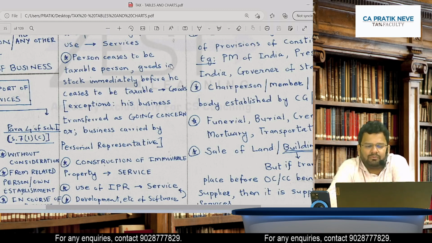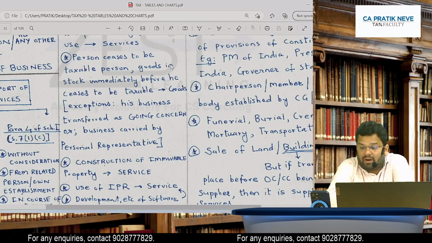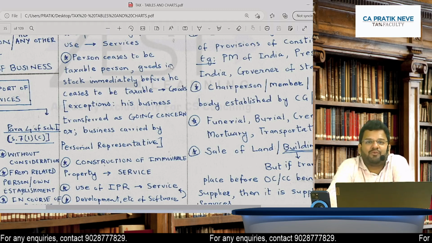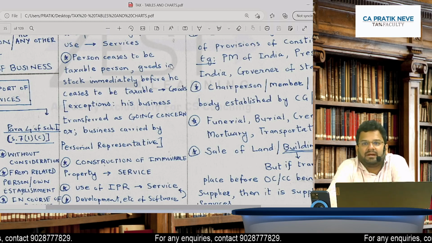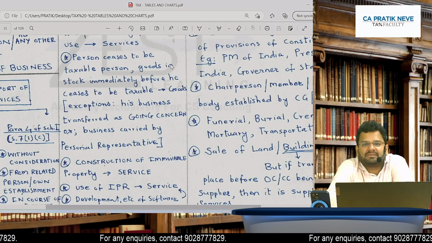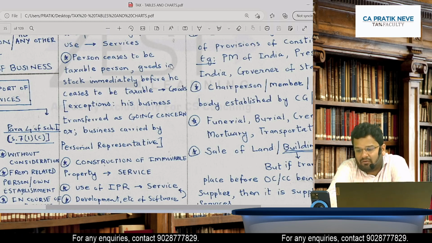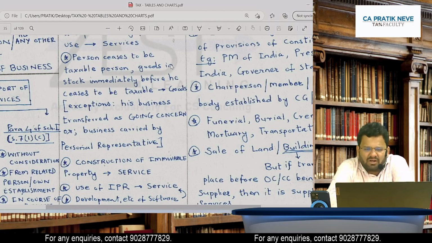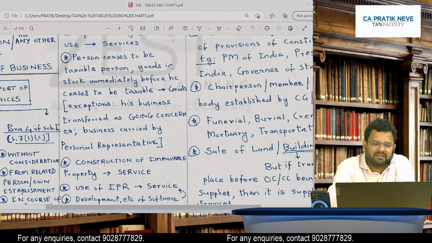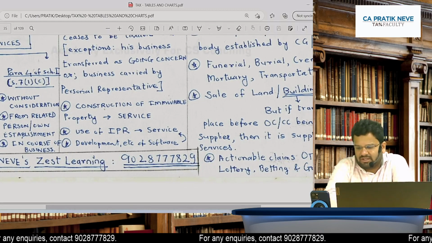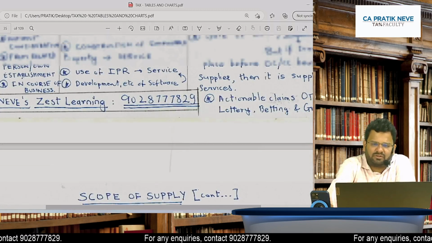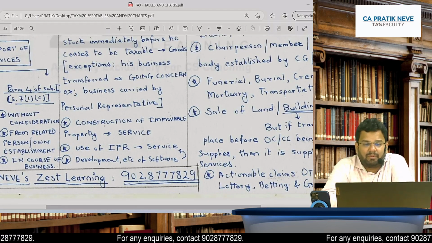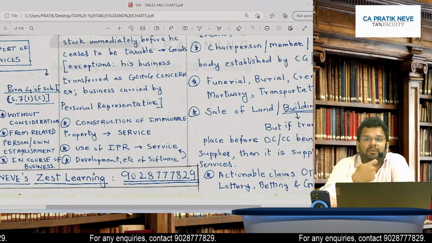Clear, all of you? Then what about construction of immovable property? What is construction of immovable property? Construction of immovable property is supply of, yes, tell me in the chat window, it is supply of service. Works contract is also supply of service, agreed. But I am asking you about construction of immovable property.